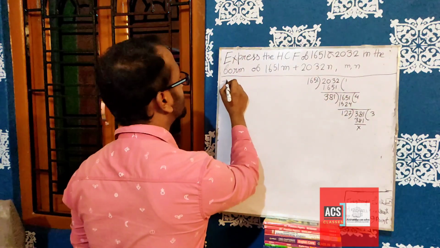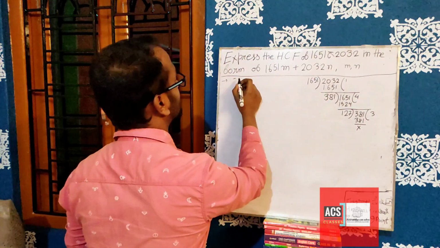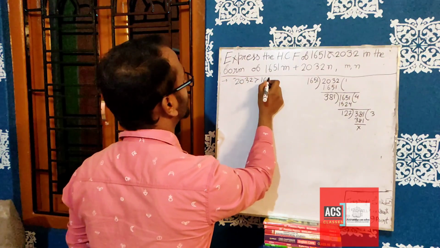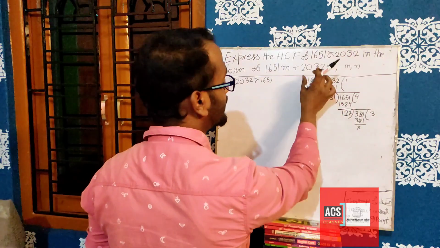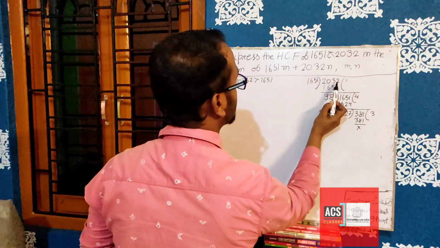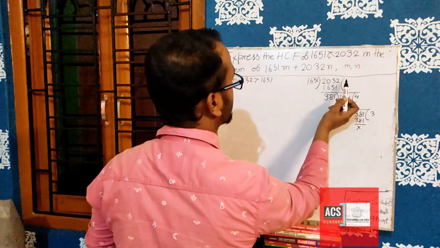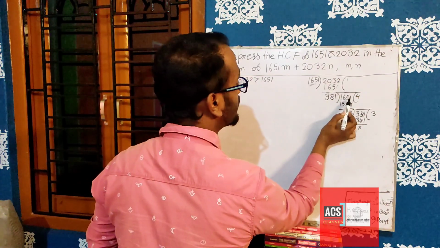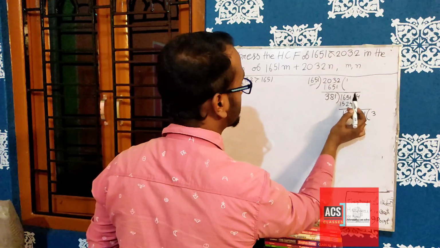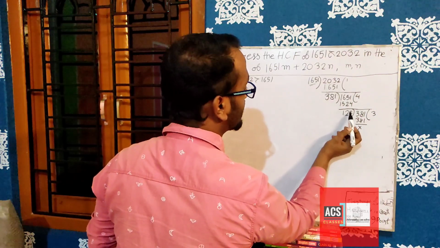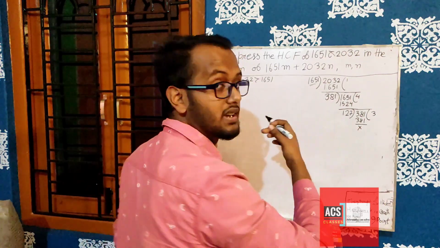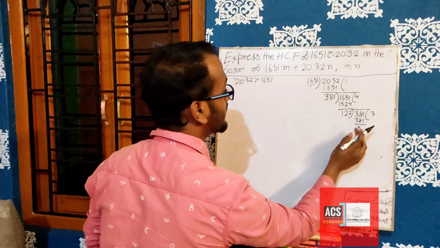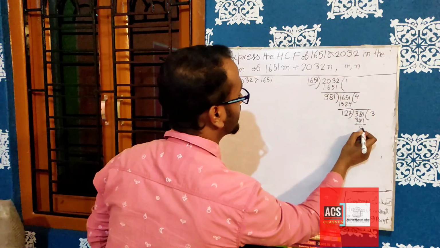So this one is the dividend and this one is the divisor, giving 1 time, then this is the remainder. Then the old divisor becomes the new dividend, and again 4 times, and this new remainder becomes the new divisor, and the old divisor becomes the new dividend, so 3 times, and here comes the remainder 0.